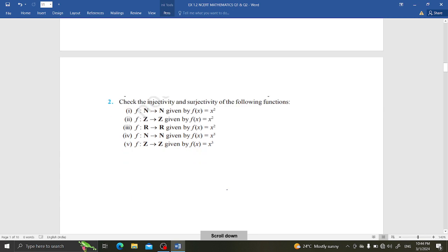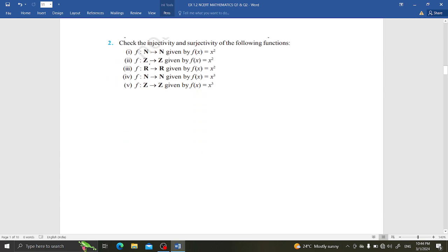Now the next question: check the injectivity and surjectivity of the following functions. The first function is defined from the set of natural numbers to the set of natural numbers, and f(x) they define as x square.